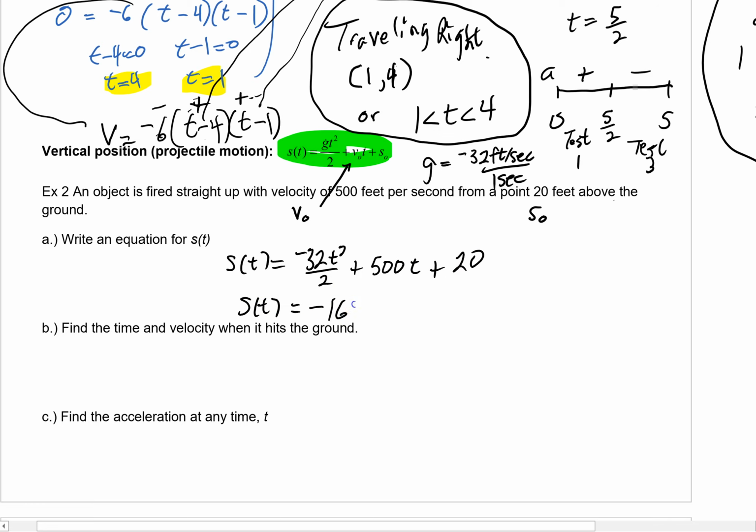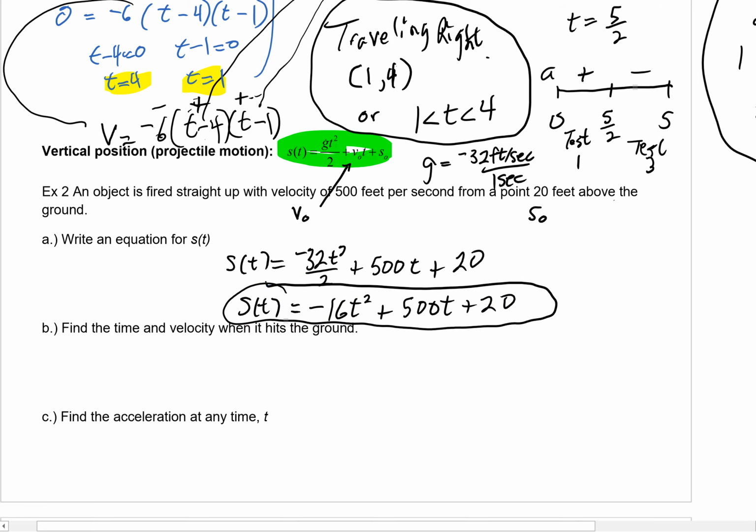And real quickly, you're going to be able to get this position function. This is only for what we call projectile motion, when something is launched upwards or dropped. We really just have vertical motion. Honestly, your motion is in a straight vertical line.